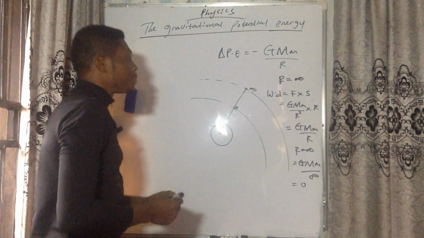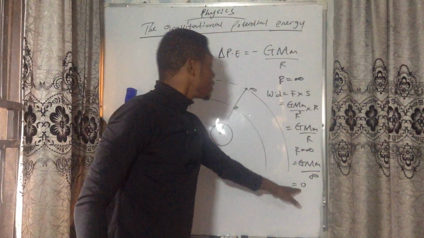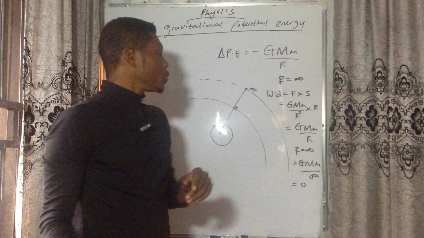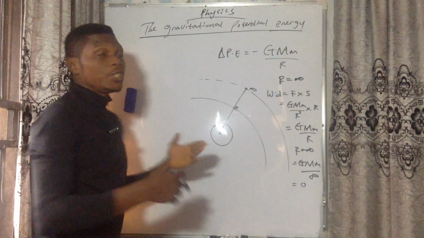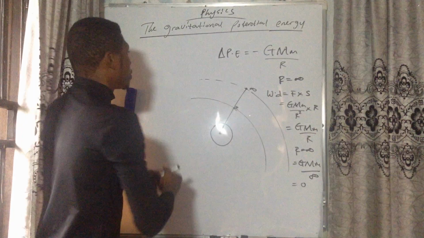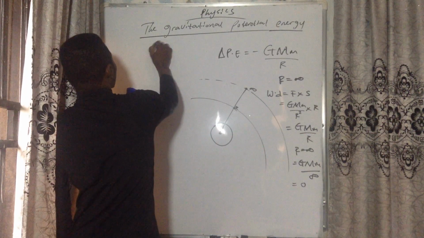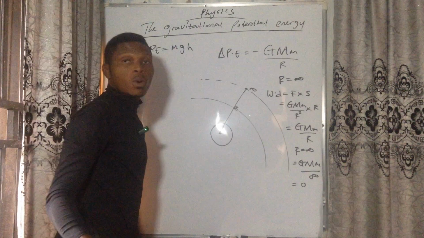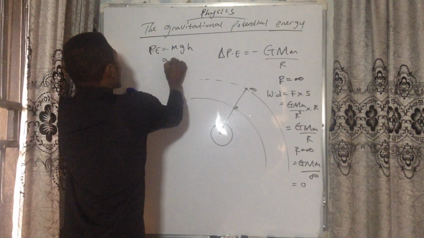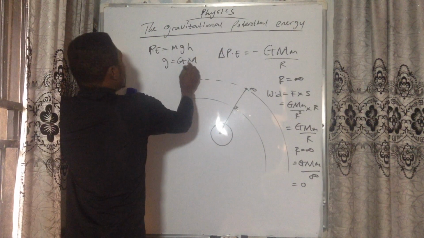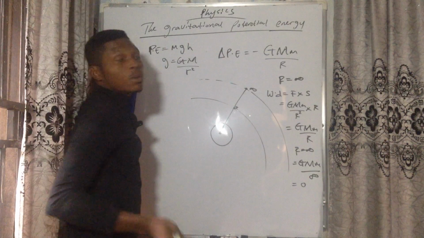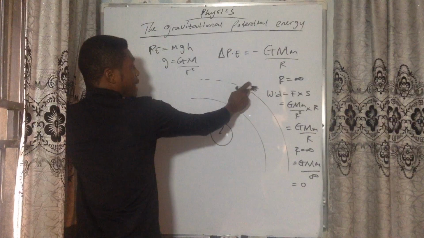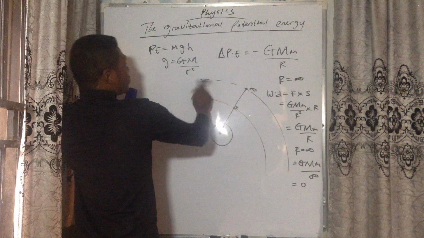So the potential energy at infinity is equal to 0. Do you understand? Potential energy is mgh, where g is equal to GM over R squared, and the height is at infinity. I'm trying to calculate the potential energy at this infinity.